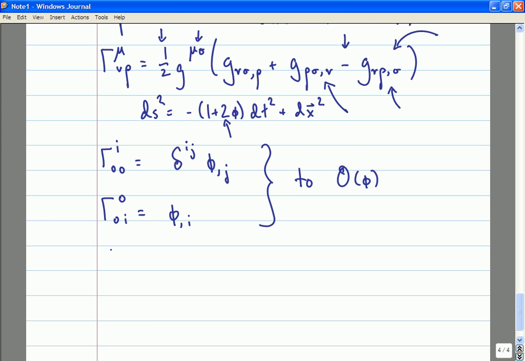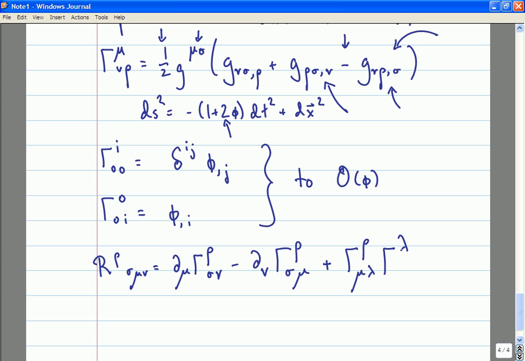Okay. So now we need to remember our formula for the Riemann tensor in terms of the Christoffel symbols. There'll be two terms involving the derivatives of the Christoffel symbol, plus two terms involving the squares of the Christoffel symbol.